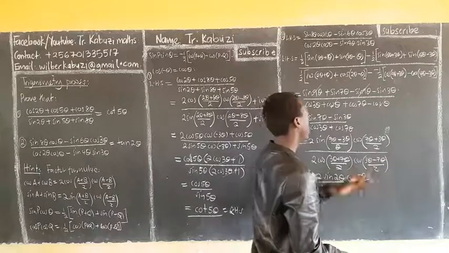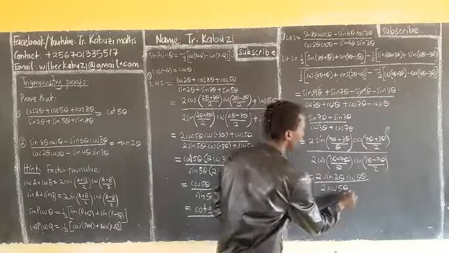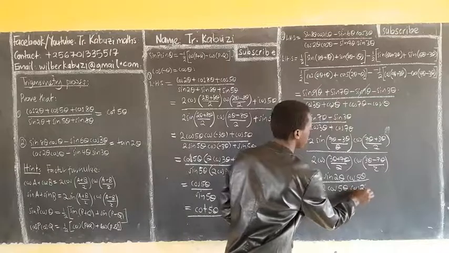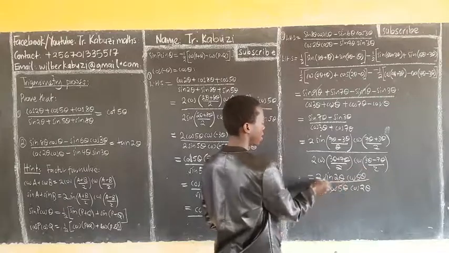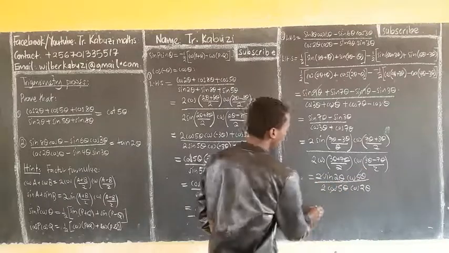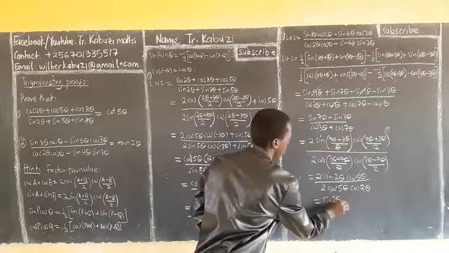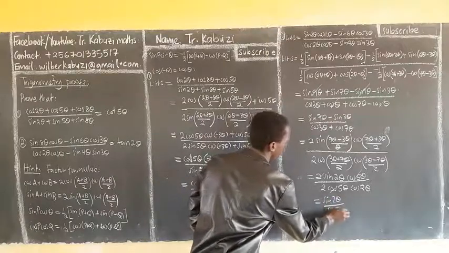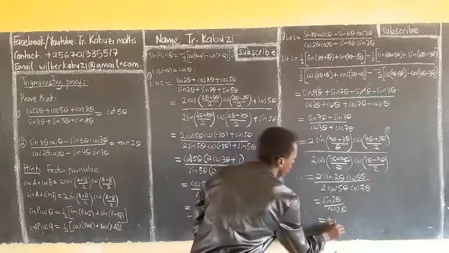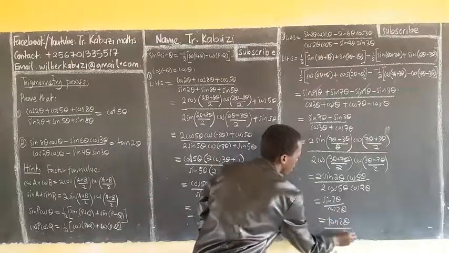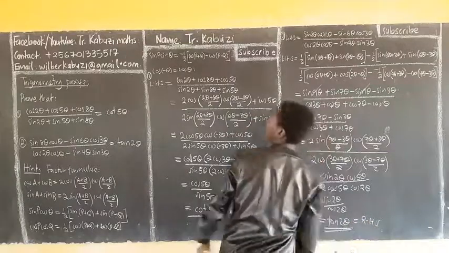Then here, give me cos of negative 2 theta, but the same as cos of a positive 2 theta. So now this is answering that. And so we are remaining with sine 2 theta over cos 2 theta, which will give us tan 2 theta. And this is our right hand side.